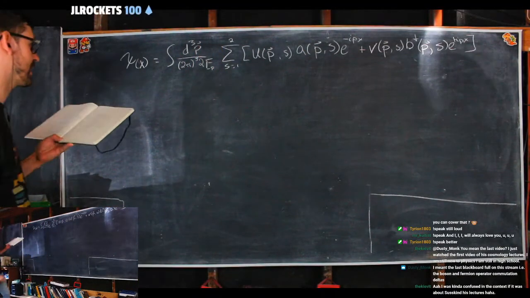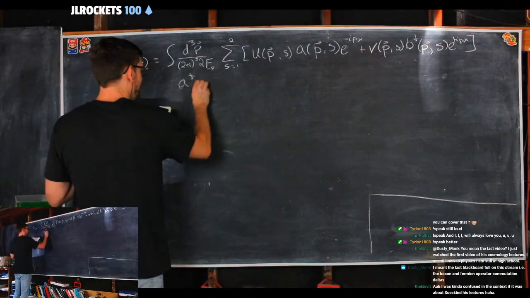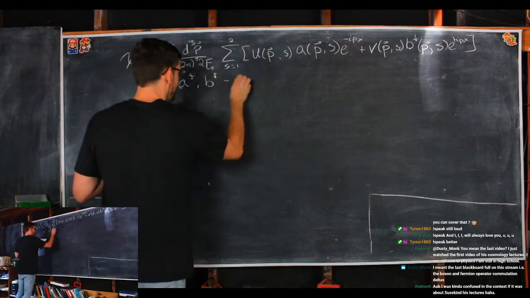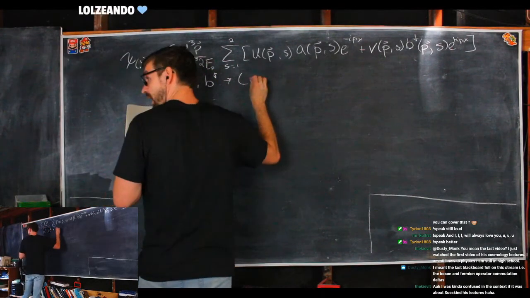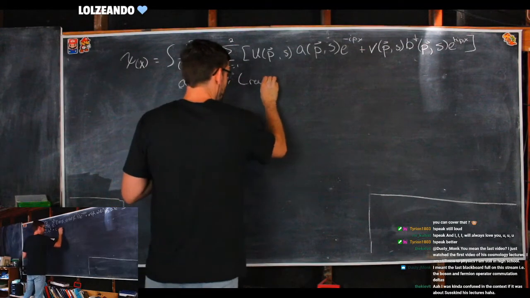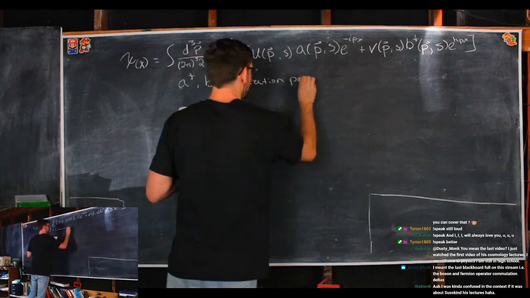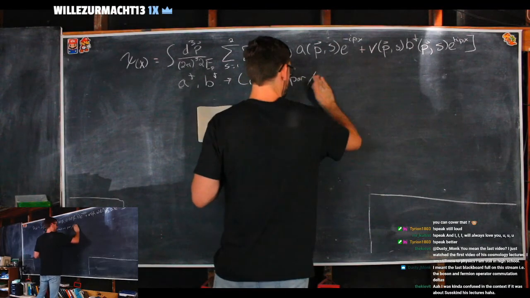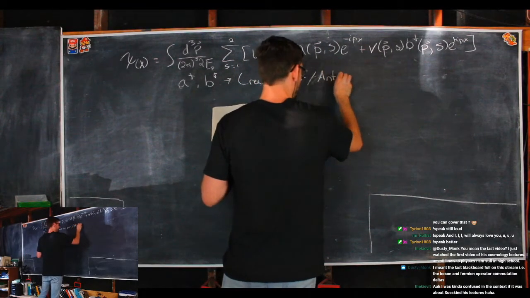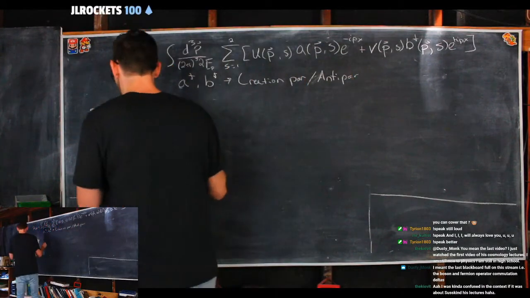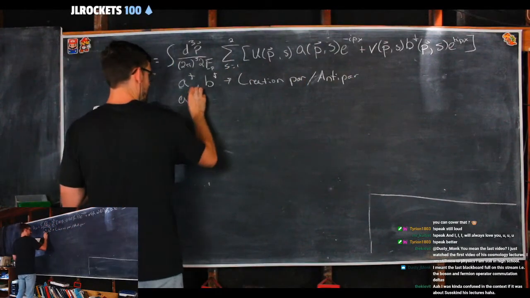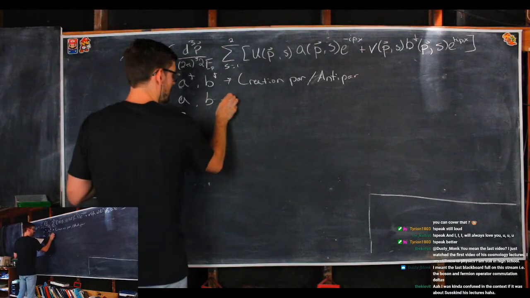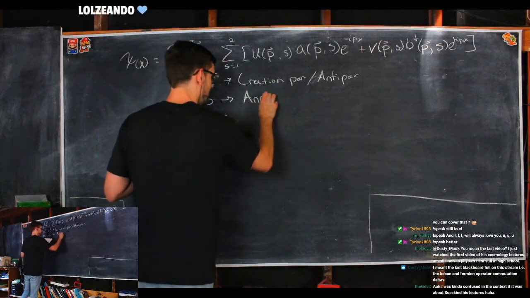So, where A's, and we can talk about A dagger and B dagger, are the creation operators for particle, antiparticle, and then A and B are the annihilation.